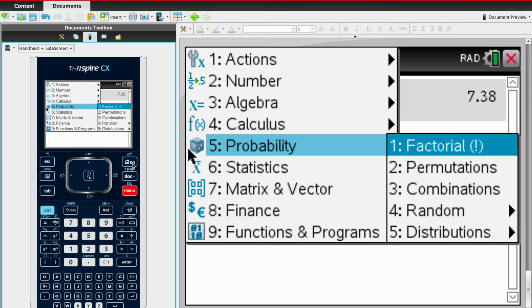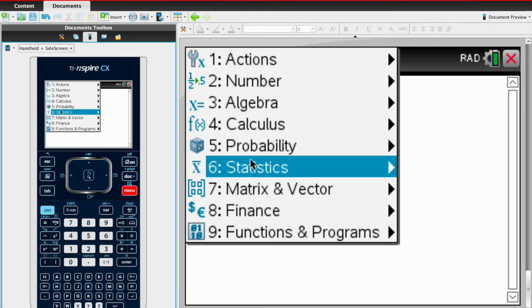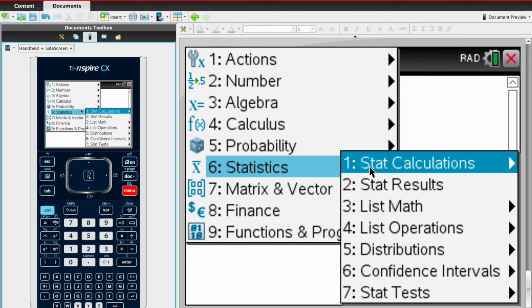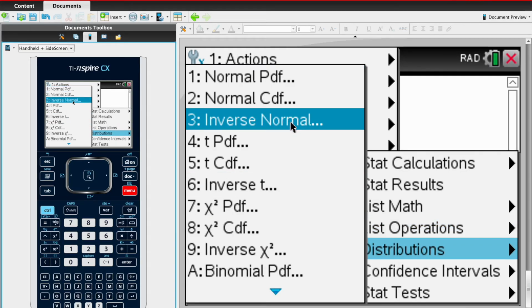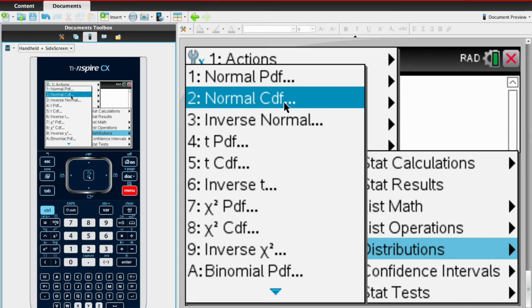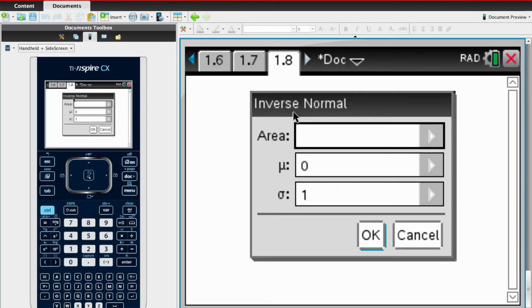Let's go back to the calculator. Menu. We want to do statistics, distribution, and in this case we have the value, we want to find the area. Normal is when we have the area and we want to find the value. So the area, actually sorry, it's the other way around.